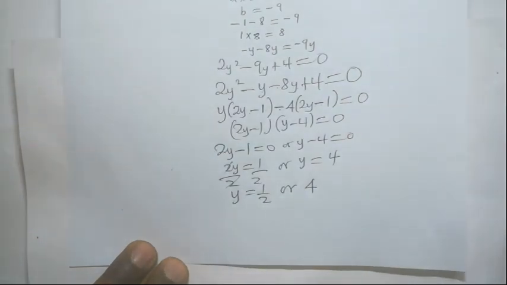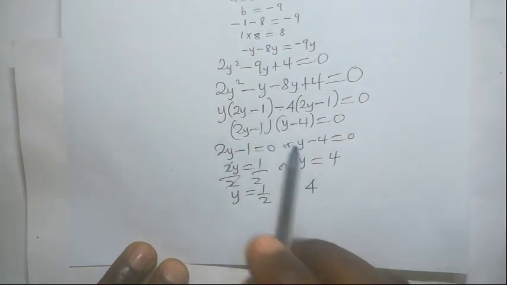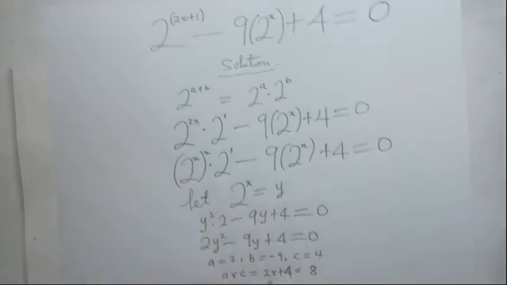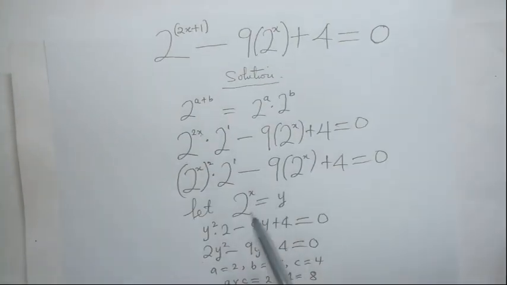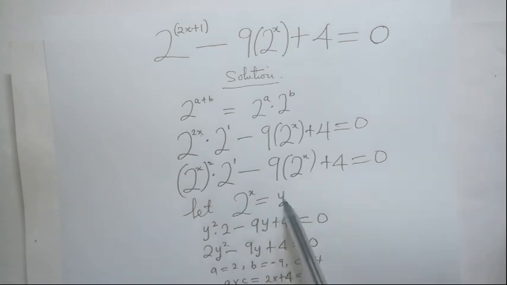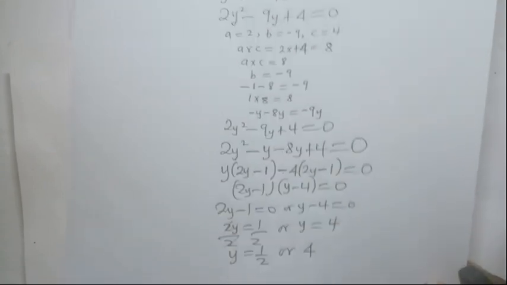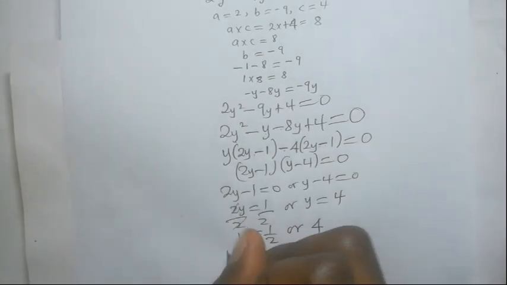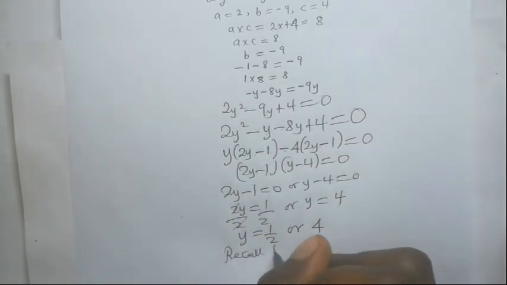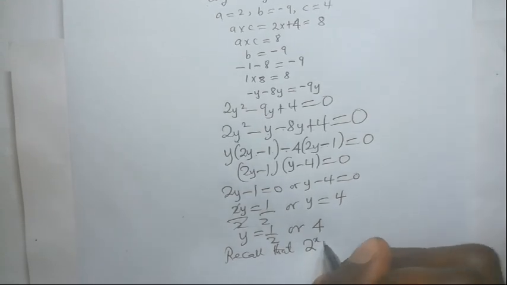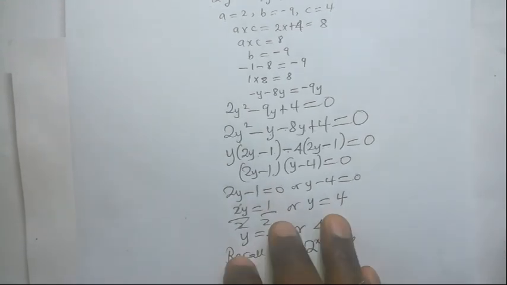You get it? But if you recall, in our main question, y was not involved. We just assume y to be equals to 2 to the power of x to simplify our solving. So here we can say, recall that 2 to the power of x is equals to y.